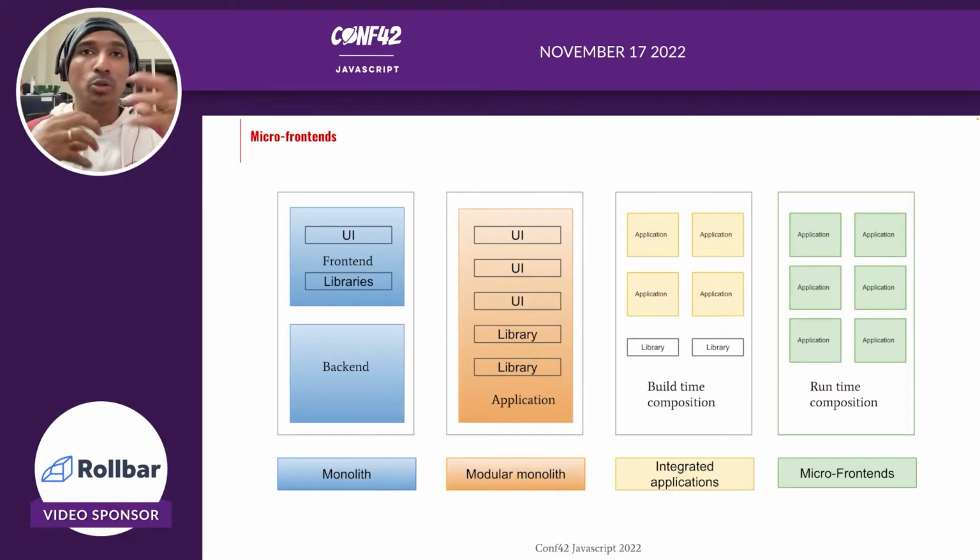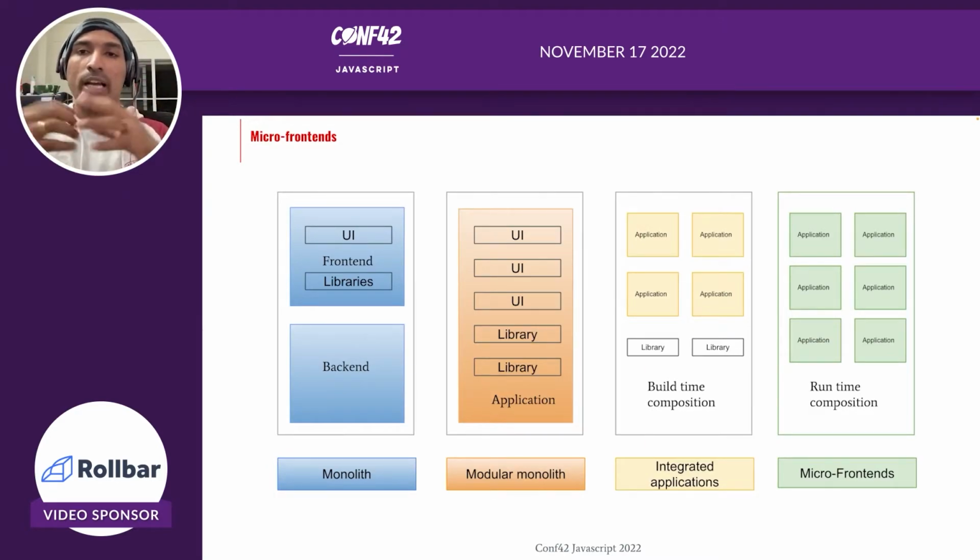But still, these UIs are tightly coupled among themselves and contained inside one single application. And there is another strategy which is called integrated application. Here the UIs could be broken down into smaller applications and the libraries could be shared between the applications, but this follows a build time composition.